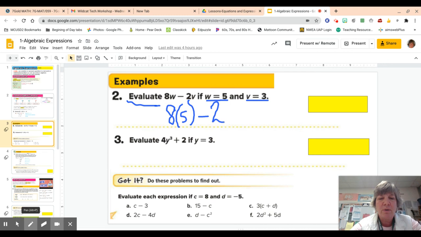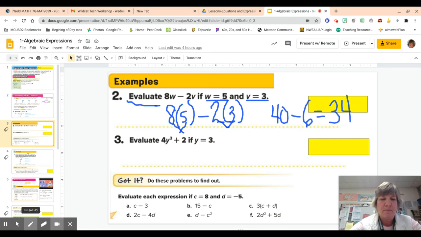Minus 2 times v, which is 3. What is our next step? Right, you are going to multiply 8 times 5 and get 40, minus 2 times 3 and get 6. 40 minus 6 is 34.